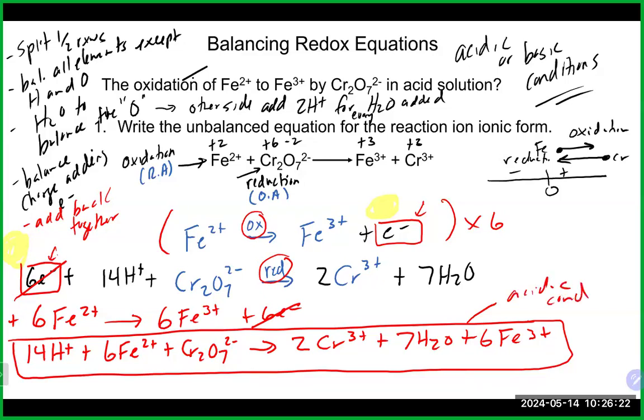So the way we want to check is like a normal equation, same number of elements on each side. I got 14 hydrogens, 6 irons, 6 irons, 2 Cr's, 2 Cr's, 7 oxygens, and 7 oxygens. Now, overall charge, I got a plus 14, a plus 12, and a minus 2.